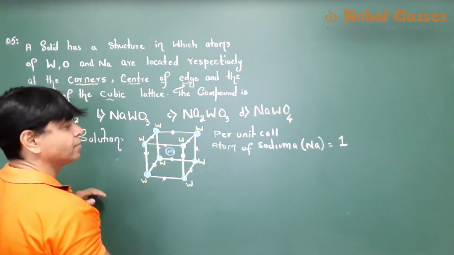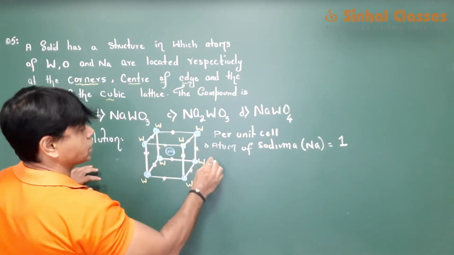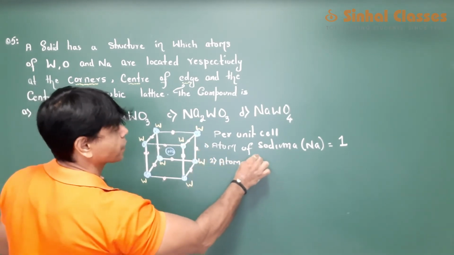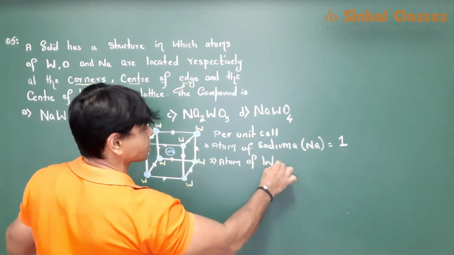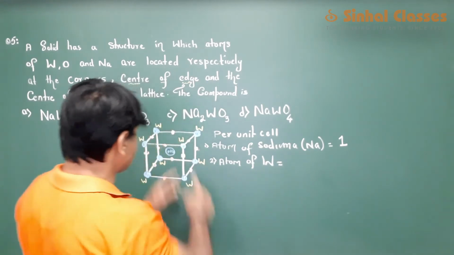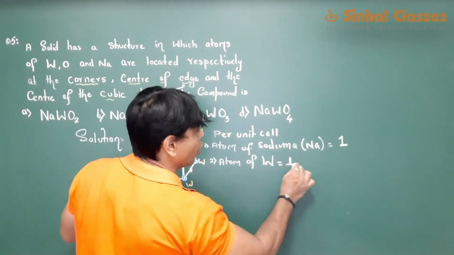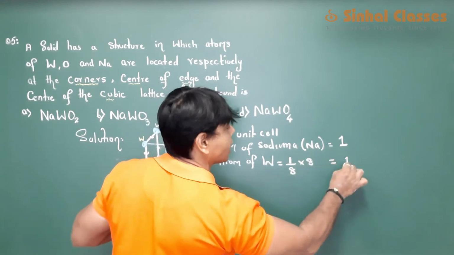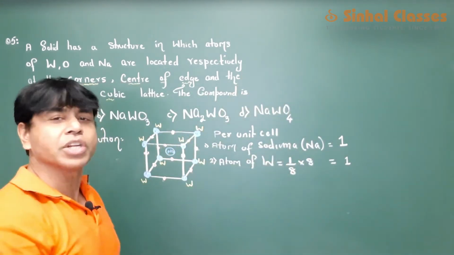So atom is 1. Secondly, atom of tungsten. Let's talk about tungsten now. Corner contribution is 1/8 and there are 8 corners. So 1/8 into 8 will come to 1 atom. So tungsten also 1 atom.